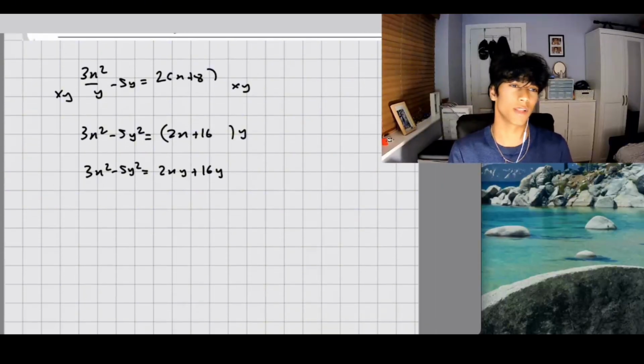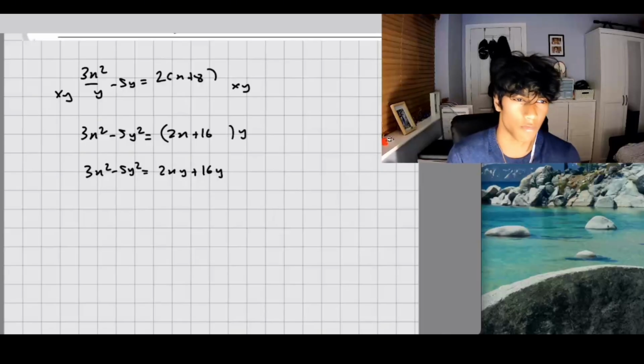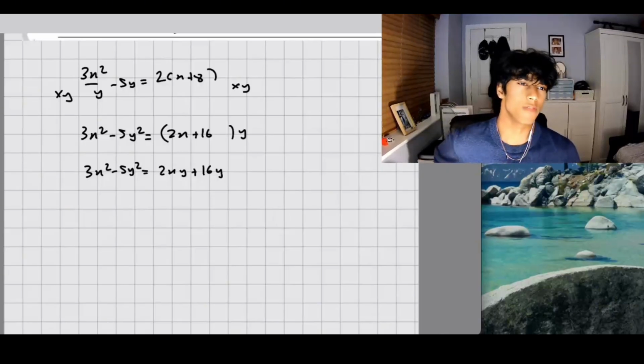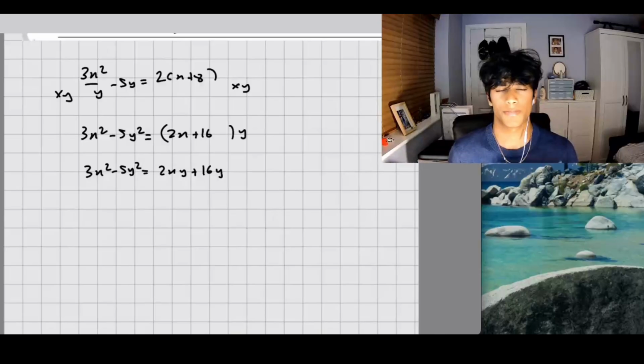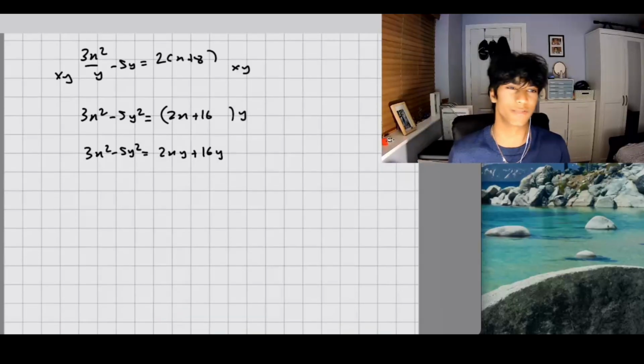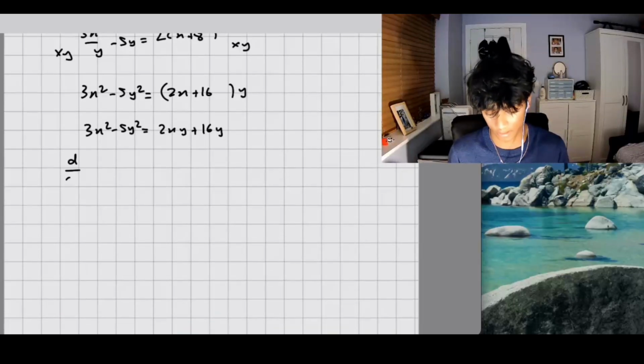Right, now that's a bit better. That's lovely. It's in a format we can easily implicitly differentiate, so let's do that.